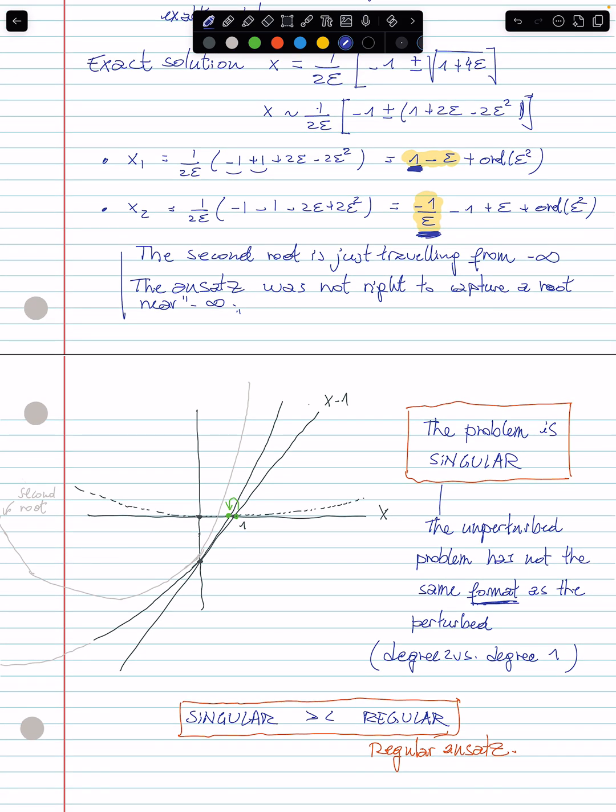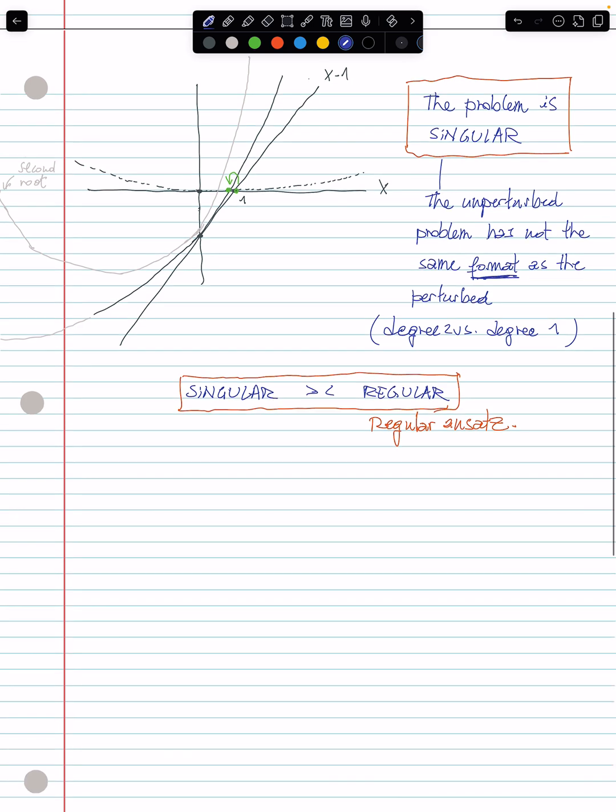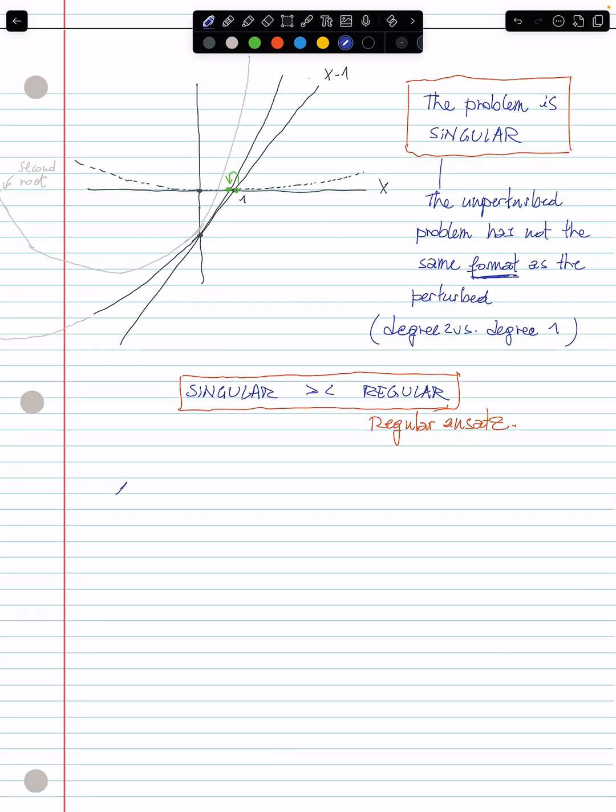We know that the second root is of order 1 over epsilon. So let's imagine for a moment we know this, and let's see if we can get this solution by using another ansatz, which could be something like this. Somehow, the ansatz shapes the form of the solution.